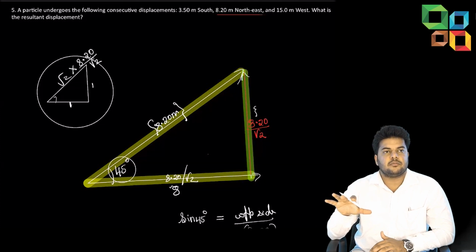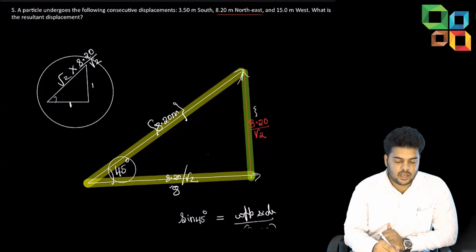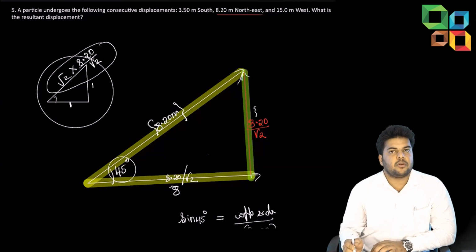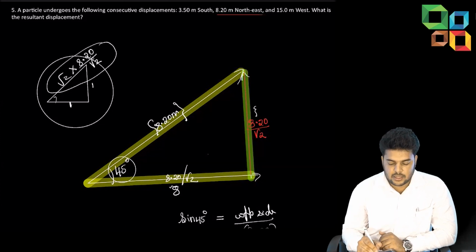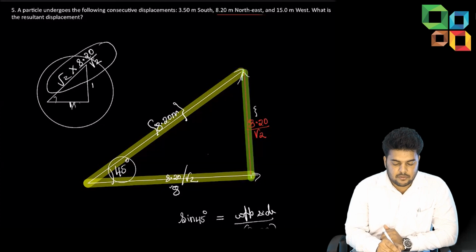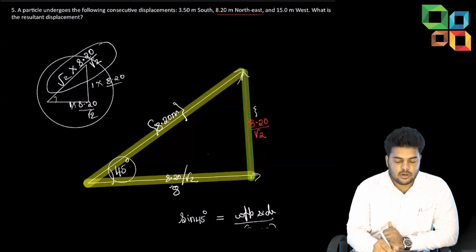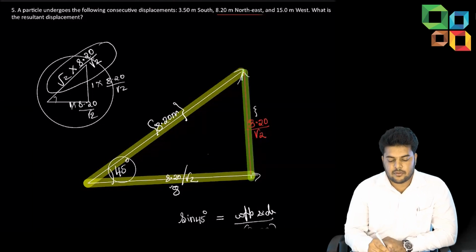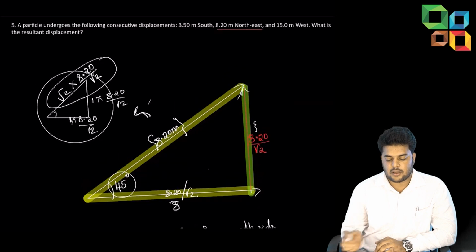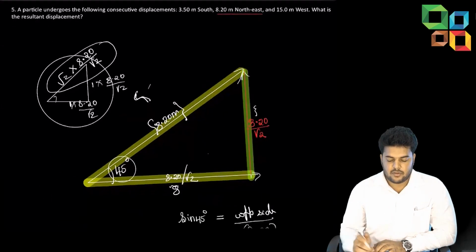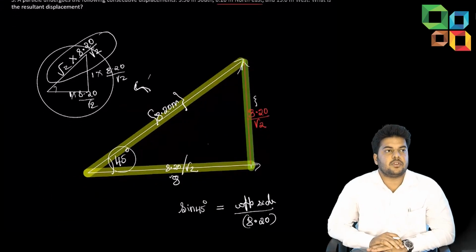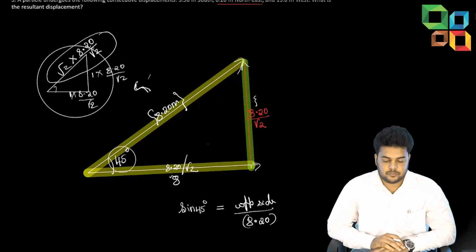If you zoom the hypotenuse by 8.20 by root 2, you have to zoom the other sides also by the same factor. And then you'll end up with this triangle. That's why we get the sides as 8.20 divided by root 2.